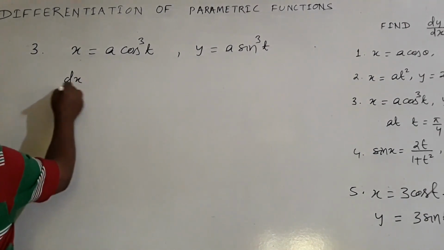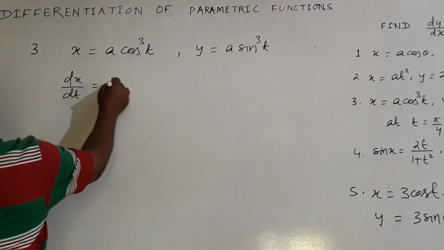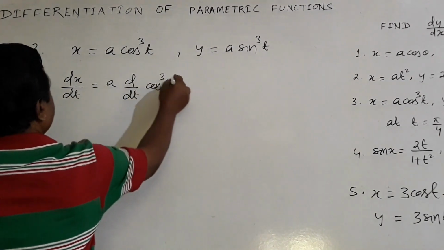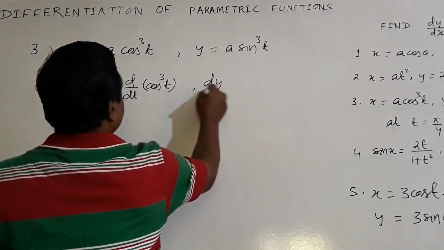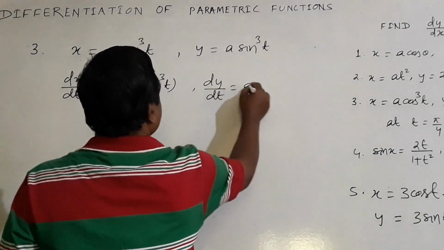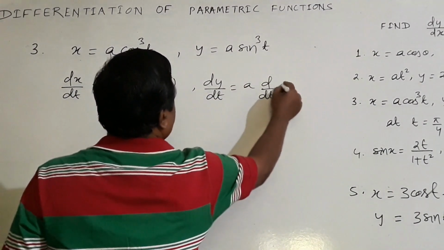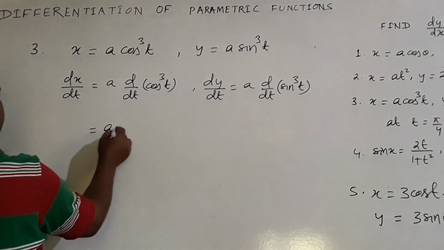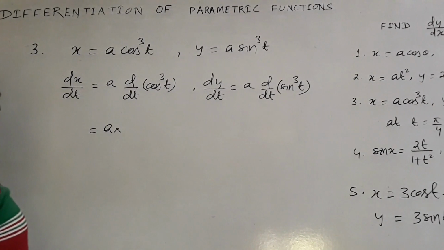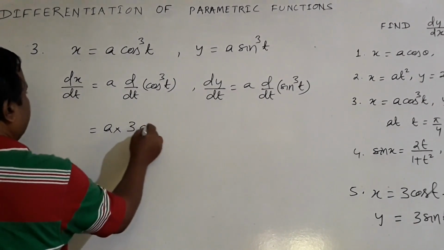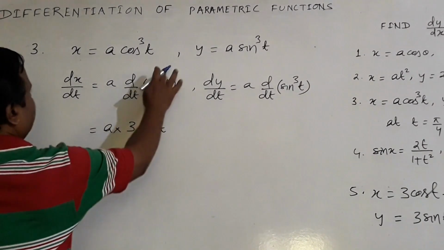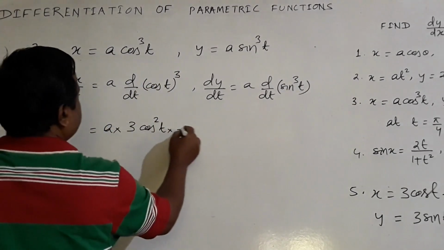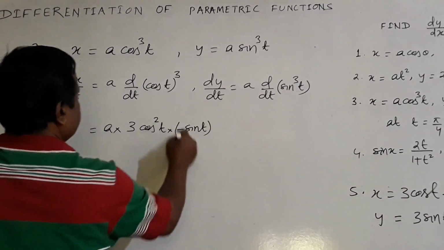So what is dx by dt? Taking a outside, it is d by dt of cos cube t. dy by dt is what? Taking a outside, d by dt of sin cube t. Then what is the value? a into d by dt of cos cube t. It is 3 cos square t, cos t whole cube, into derivative of cos t, which is minus sin t.